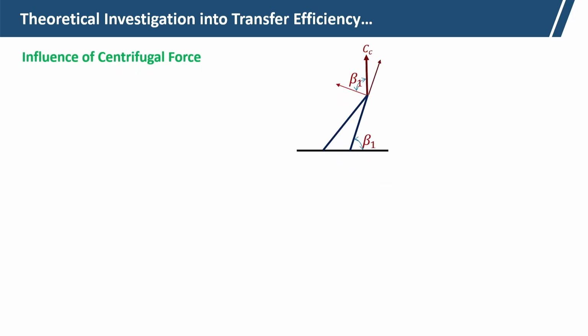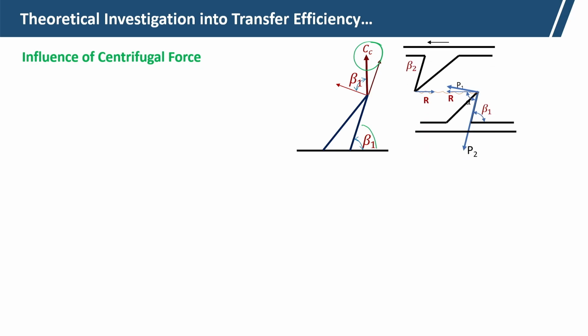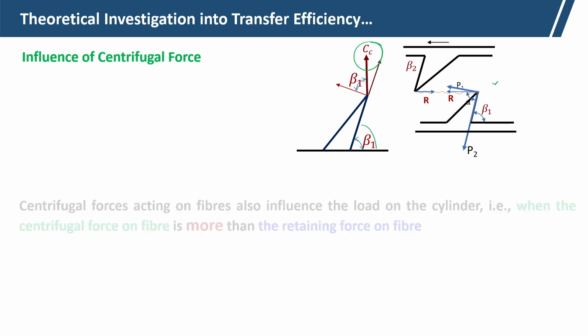Here, this is the angle of the wire point of the cylinder, beta 1, and centrifugal force is acting in the outer direction. So, it is trying to take the fiber out from the cylinder surface, and this is the diagram which we have already discussed here.